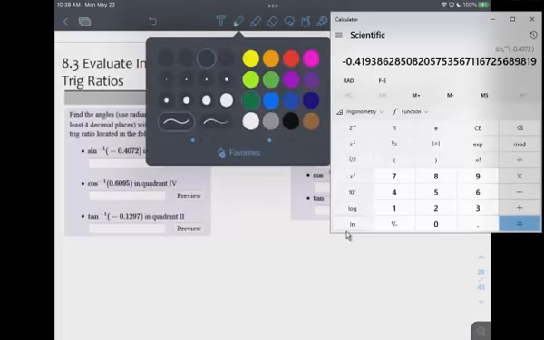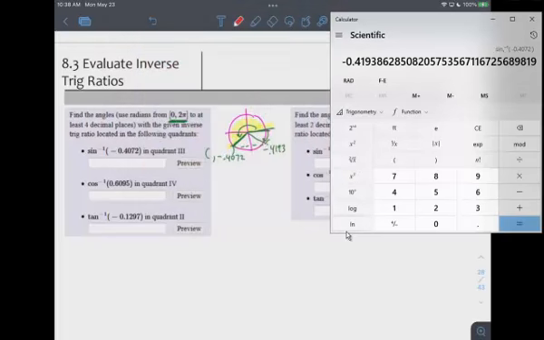Well, to find this you're going to use reference angles. Because here, if this angle is 0.4193 in the negative direction, that means that when I find this whole measure from here to here, I'm going to take pi, right?